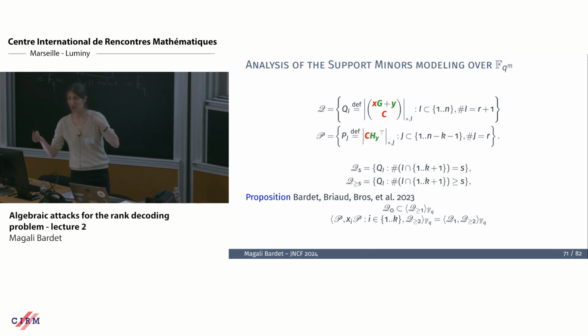So we can do exactly the proof of the correspondence, which means if we want to add this equation to this one, in fact, we lose all the equations in Q0 and Q1. They are linearly dependent.